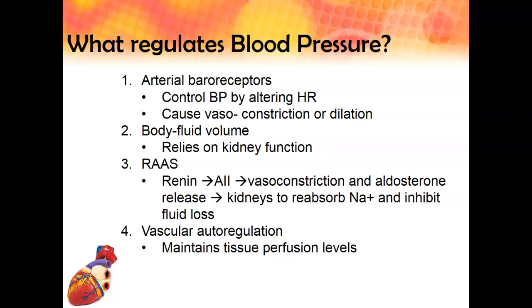The RAS system: renin is released and turns into angiotensin II, which causes constriction and aldosterone release, which makes the kidneys reabsorb sodium and inhibit fluid loss. When this process is going on, it increases blood pressure. Also, there is vascular autoregulation that helps to maintain tissue perfusion levels.